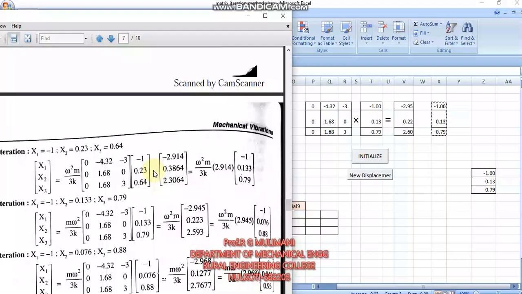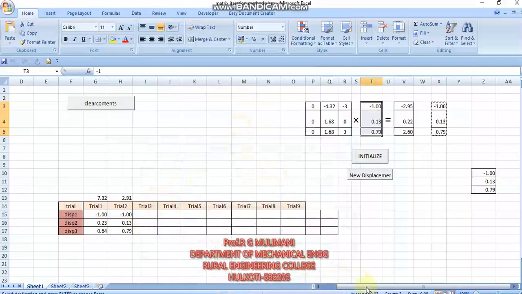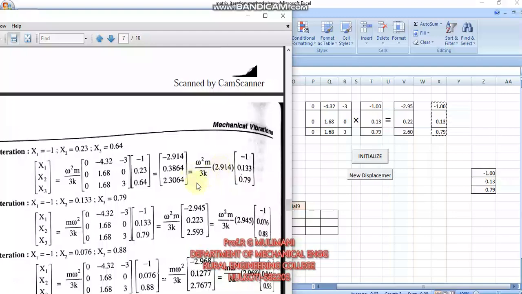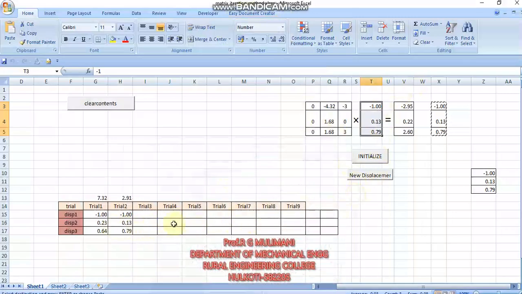Okay, multiplied with these two matrices, it gives minus 2.94. You can see here. Okay, it is 2.91. We have taken 2.91 outside. So similarly we will see for what trial we get the closer values.